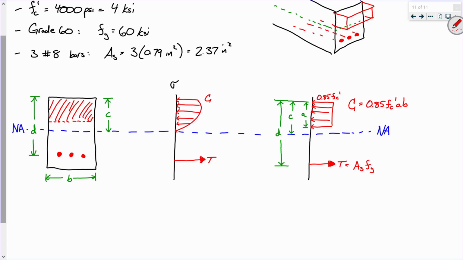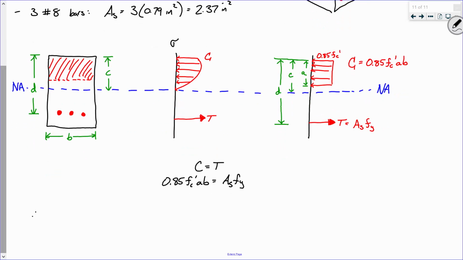So if C equals T, and that's 0.85 f'c ab equals As fy, then what's a? There we go. I'm waking y'all up. So let's plug and chug.